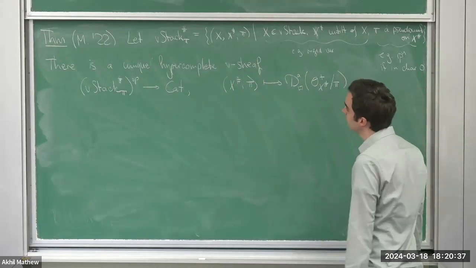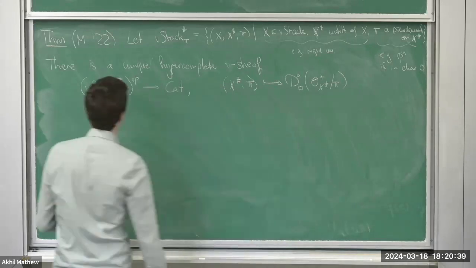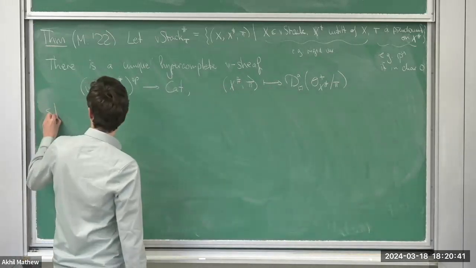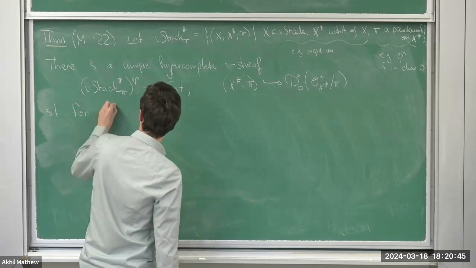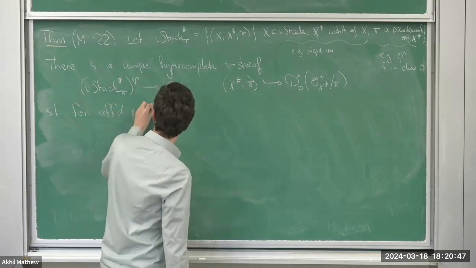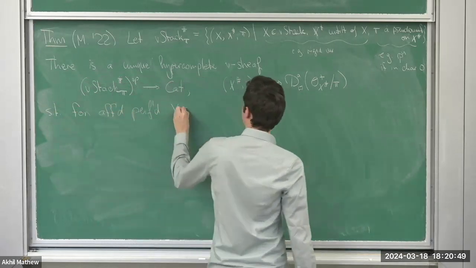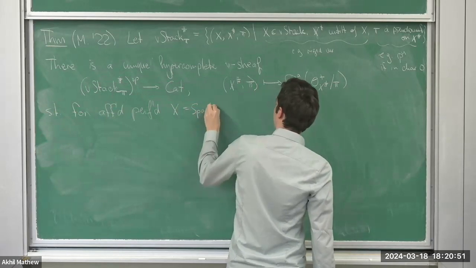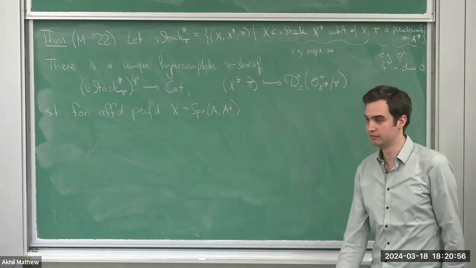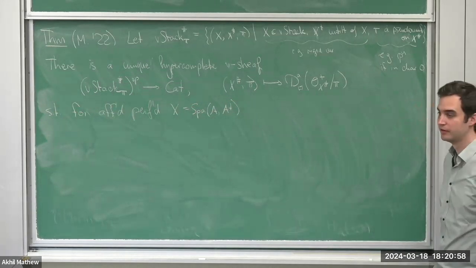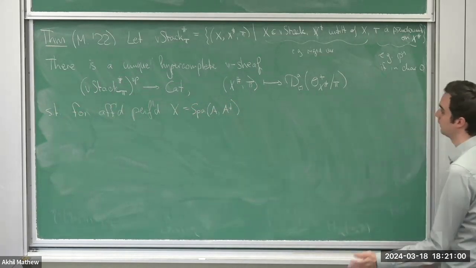Now I want it to be unique, so I have to specify it in some way. And namely such that for the perfectoid, the functor X, I want it to be just modules over that. Unfortunately, that doesn't work.